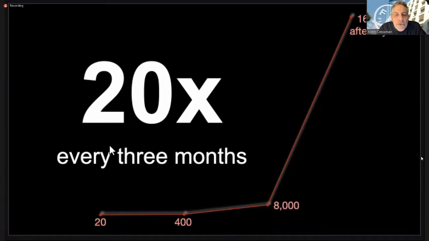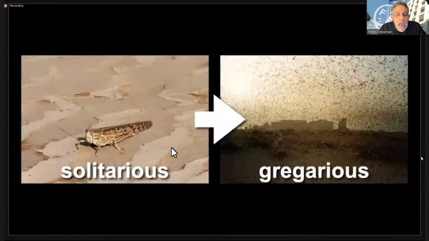So a very short life cycle and a very high increase of locust numbers. And this is one of the reasons why this particular species of locust changes its behavior and its appearance. Normally, in low numbers, it is a solitary individual insect surviving in the desert.